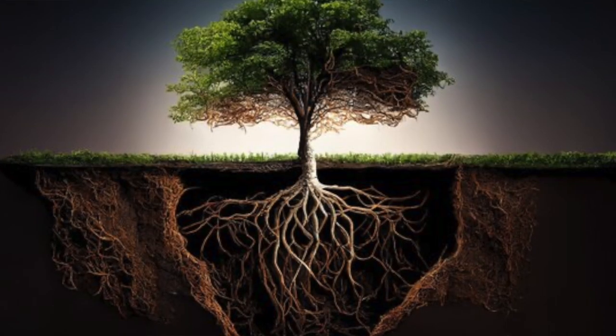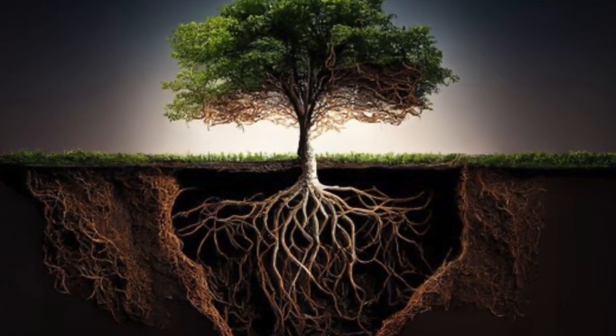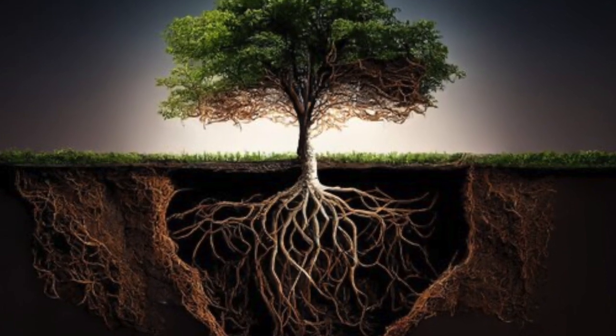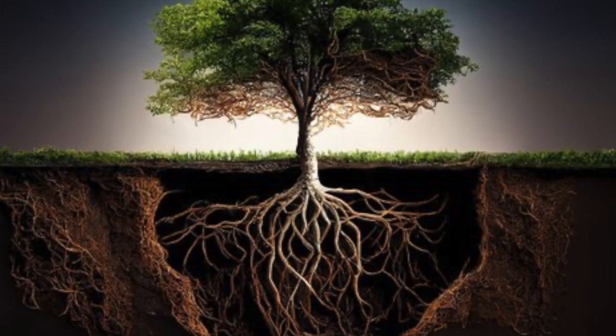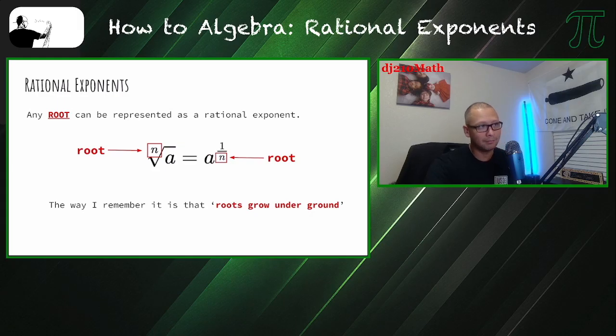So if you think about the way a plant or tree works, or looks rather, the roots grow underground. So that's the way that I was taught to remember it, is that roots grow underground. So when you want to convert a root with a radical into a rational exponent, the root, the number that is the index basically, that's going to be the denominator in the rational exponent.